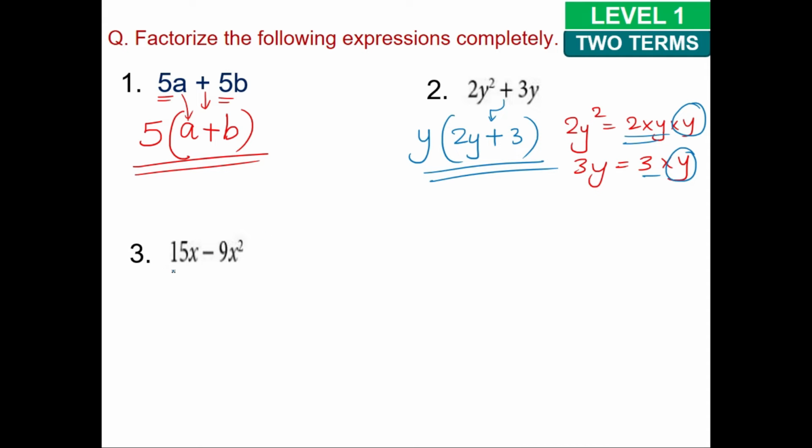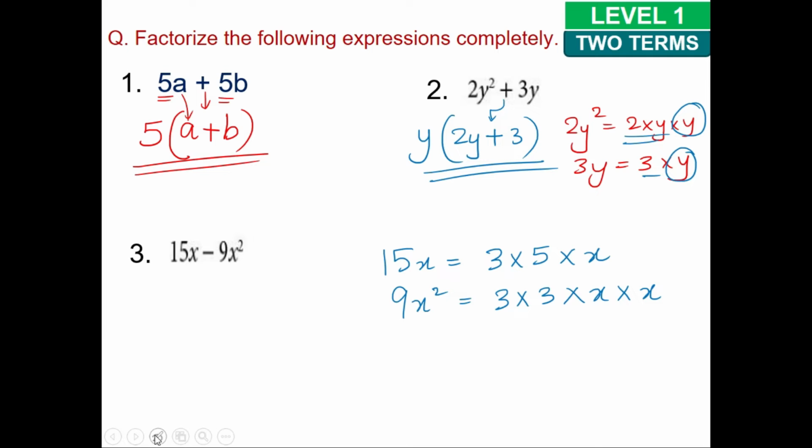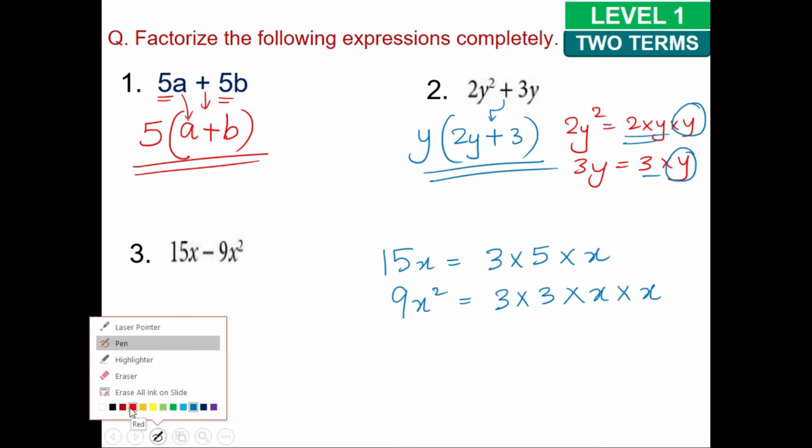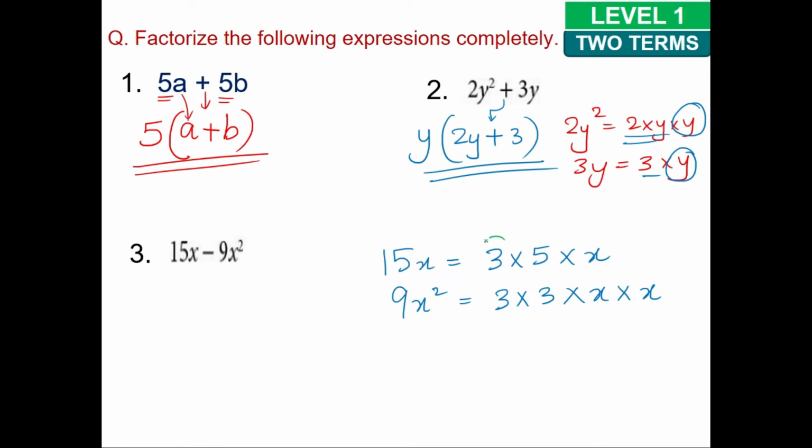Question 3, you have 15x minus 9x squared. 15x can be written as 3 multiplied by 5 multiplied by x, and 9x squared can be written as 3 multiplied by 3 multiplied by x multiplied by x. I knew 15 and 9 are multiples of 3, and you can see that 3 is a common factor.